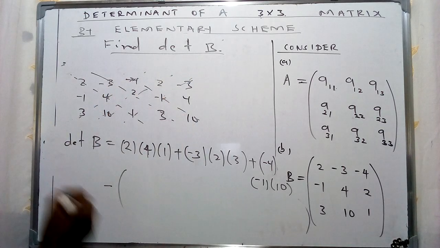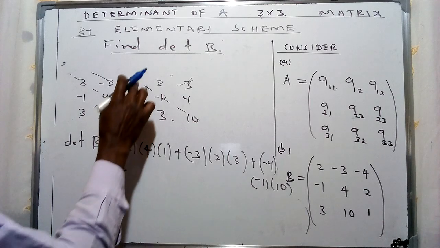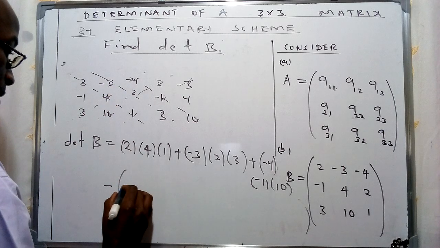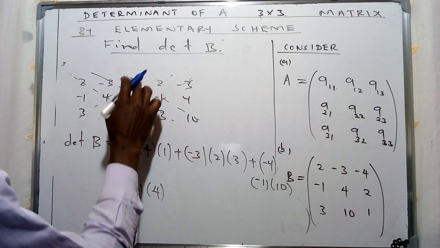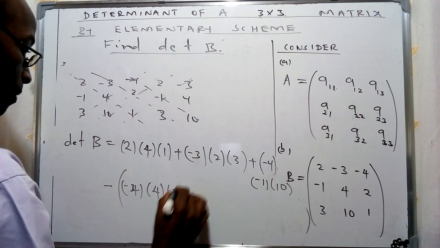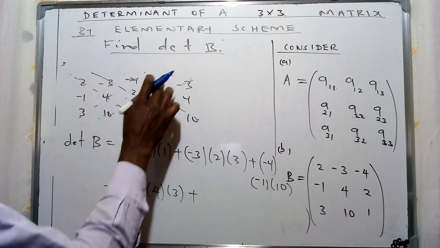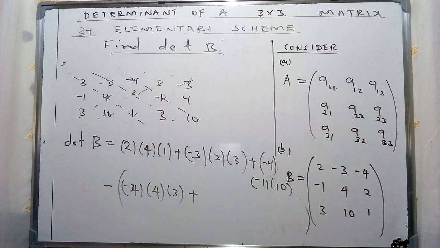I hope it's legible. So we're going to have this one as a minus, which is -4 and 4 and positive 3, which is negative 4 and 4, and of course 3. And then we're going to have that one with negative 2, 2 and 10, which is going to be just a minute.